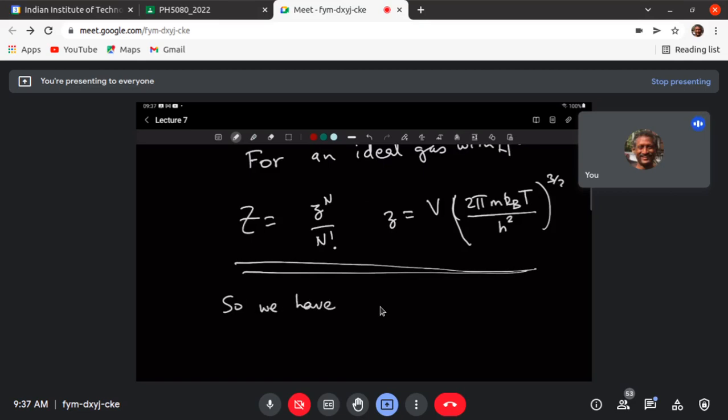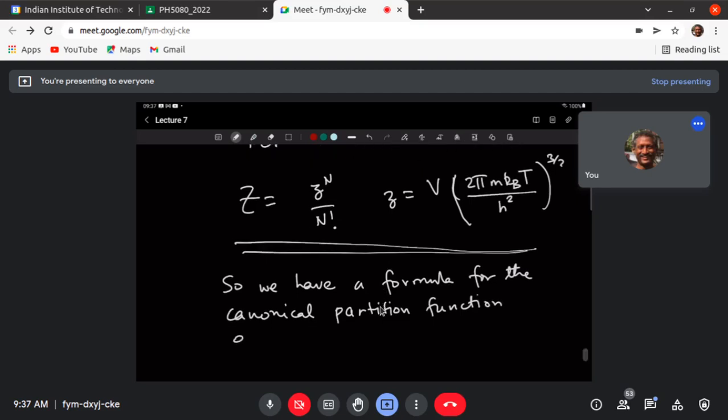computed. Also remember, our semi-classical formula is expected to be valid only at higher temperatures. So everything is sort of nice. So we have a formula for the canonical partition function of, after all this.